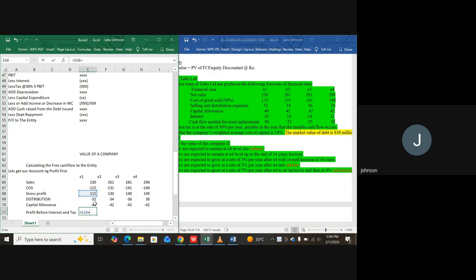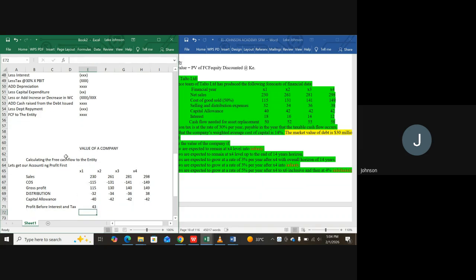Plus the negative figure, which is distribution, plus the negative figure, which is 40. You click on enter, and then it's giving us 42. So that is what we're going to pick. We're going to pick it, and we're going to put it over here. Okay, that's fine. So we've gotten our profit before interest and tax.